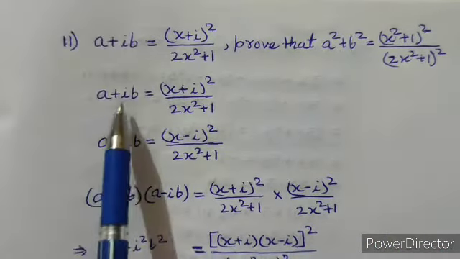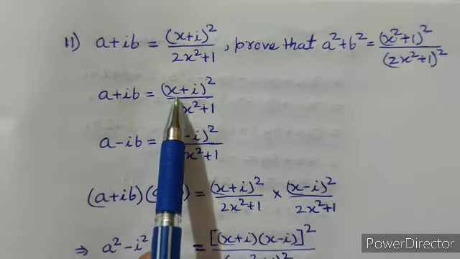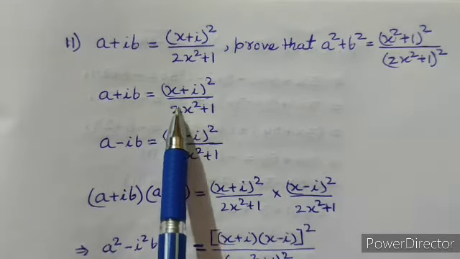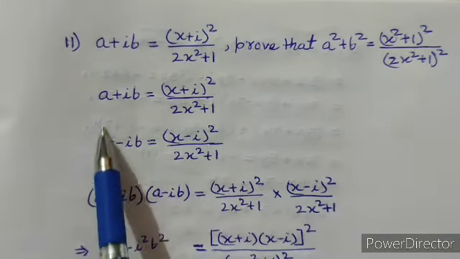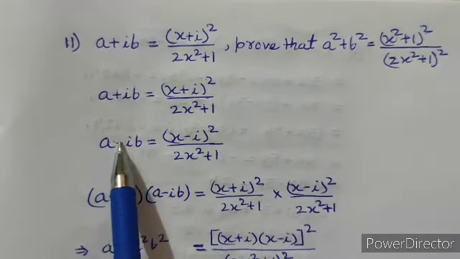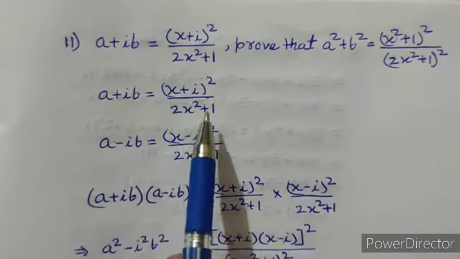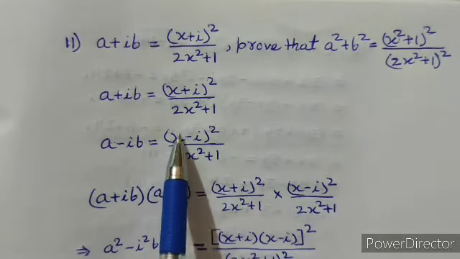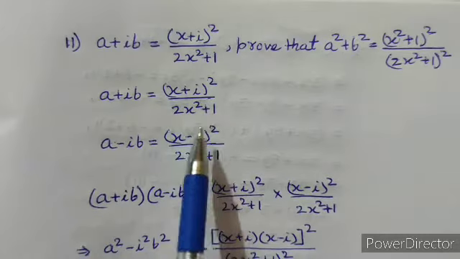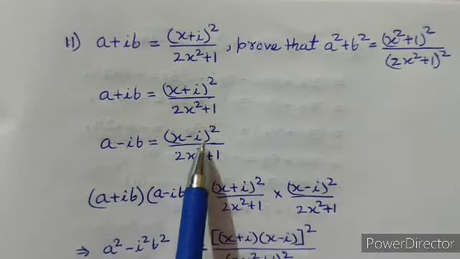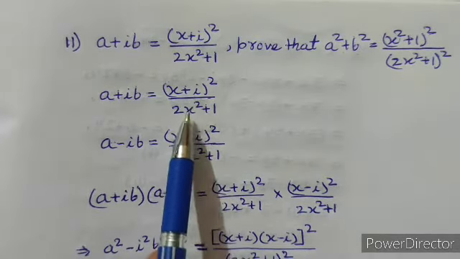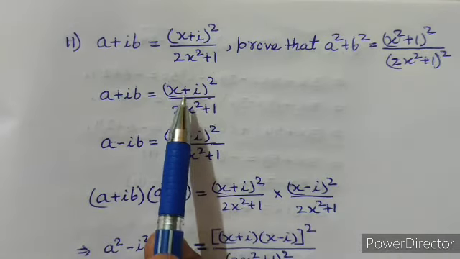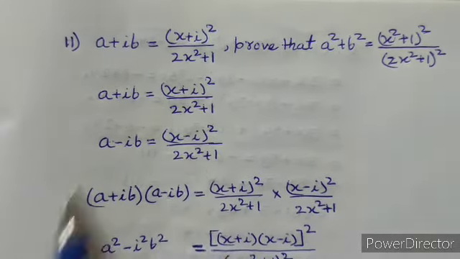Now as a + ib is given to us as (x + i) whole square upon (2x square + 1), we can find its conjugate, that is a - ib, by changing the sign of the imaginary part, and that will be (x - i) whole square upon (2x square + 1). We have to keep in mind that we have to change the sign of only the imaginary part. That means this i will be equal to -i.